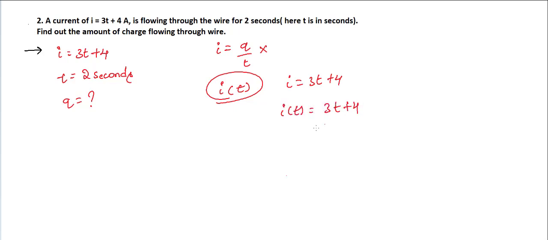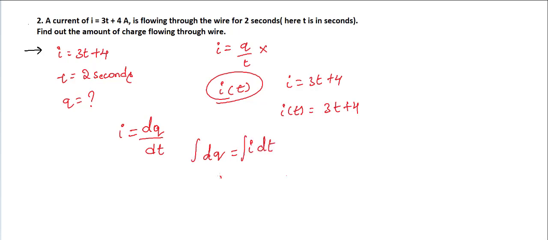So now how can you find it? We have the general formula I is equal to dq by dt, right? So just do the cross multiplication and arrange for dq, in the form I dt.